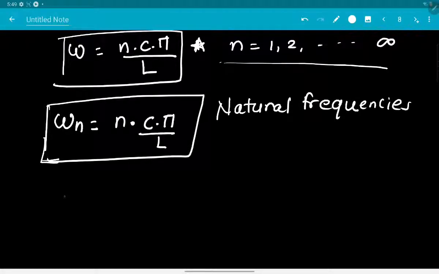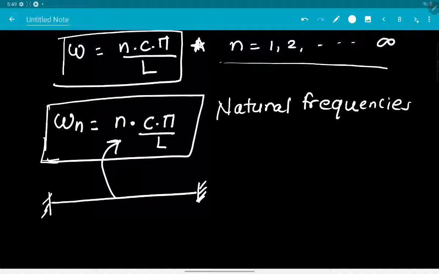So you have obtained the natural frequencies of the string under consideration. A string which is fixed at both ends and is taut will have these natural frequencies. How many natural frequencies does it have? It has an infinite number of natural frequencies.